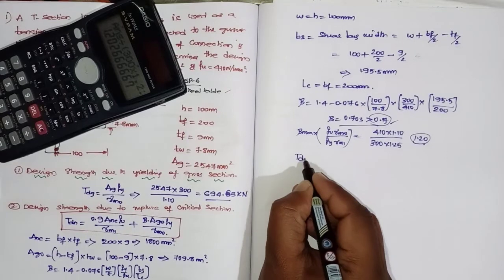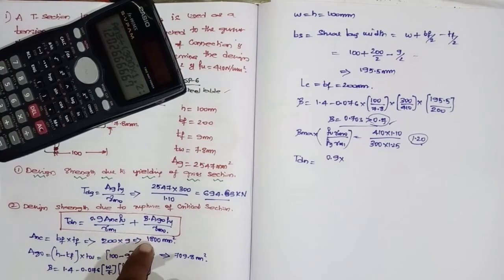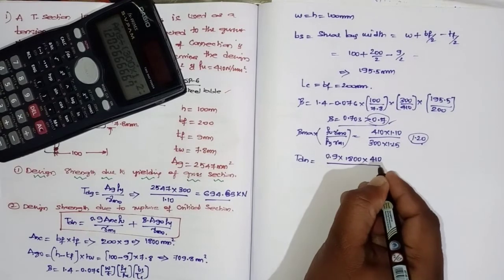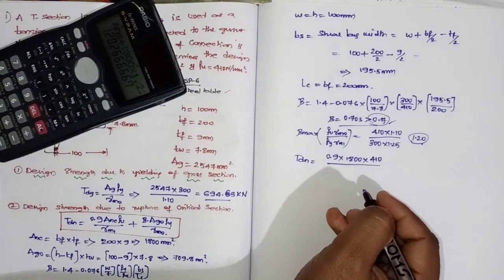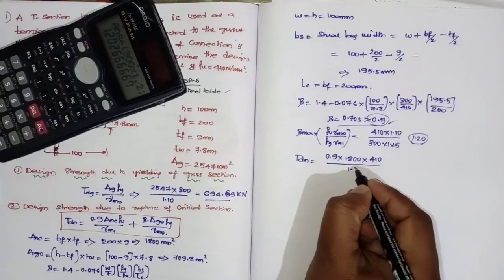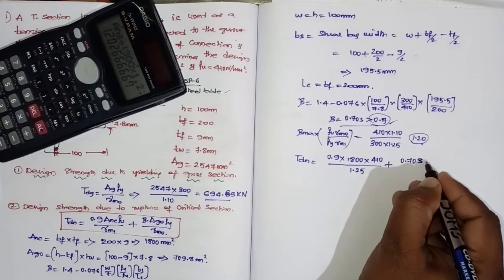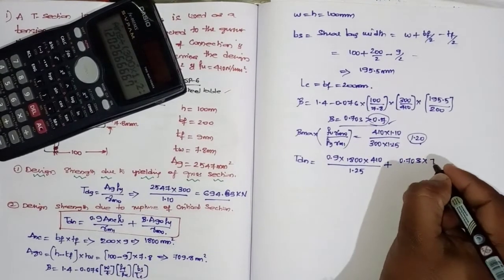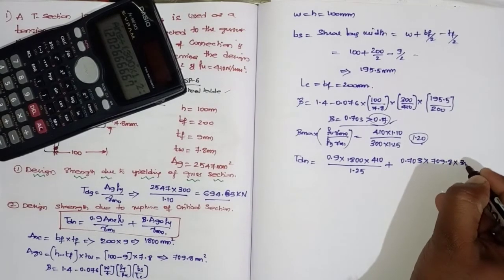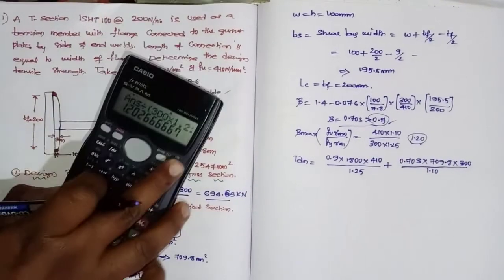So Tdn equals 0.9, what is Anc? 1800, into Fu 410, divided by gamma m1, that is 1.25, plus beta 0.703 into Ago 709.8, into Fy 300 divided by gamma m0, it is 1.10. Okay, I will substitute it.